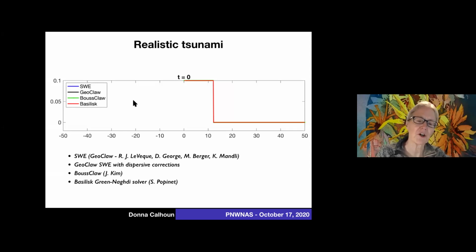Then there's another code called BoostClaw, which was developed by Jiwon Kim, a student of Randy Levesque's, as part of his PhD thesis at the University of Washington. And then finally, there's the Basilisk solver developed by Stefan Popinet in Paris. So I've got these 3 codes that I can compare, plus the code for the shallow water equations.